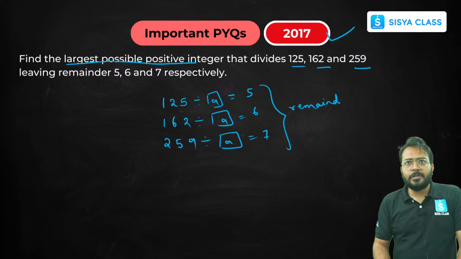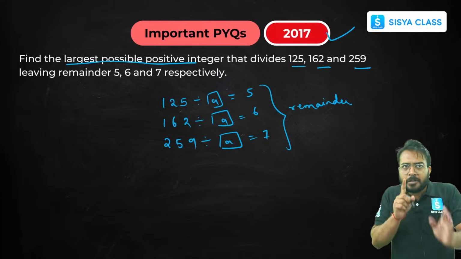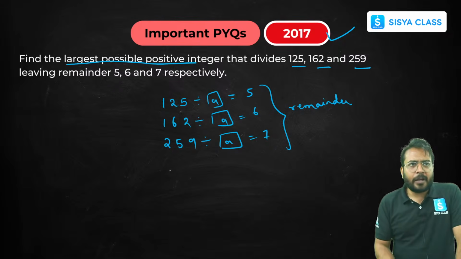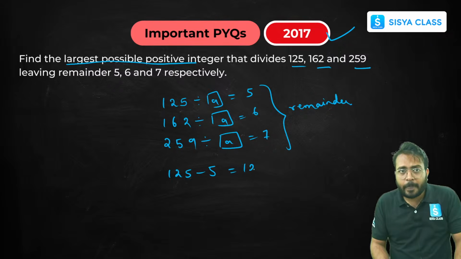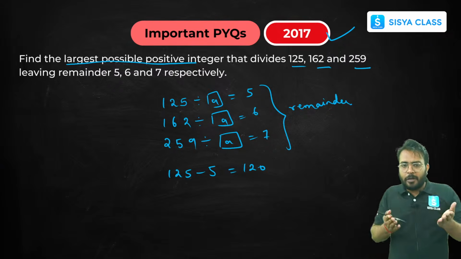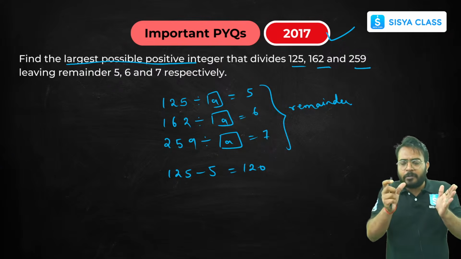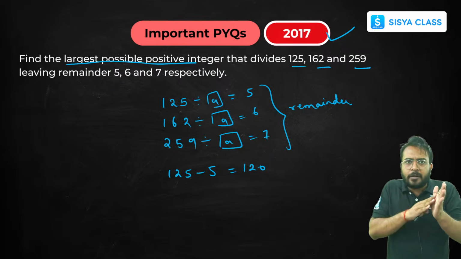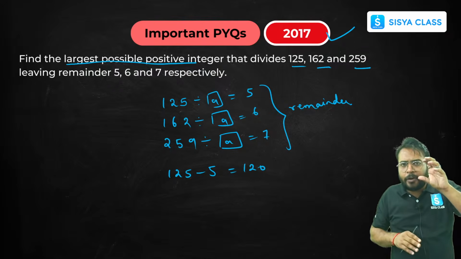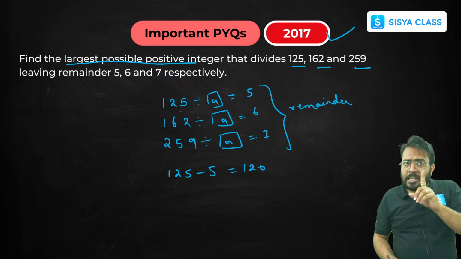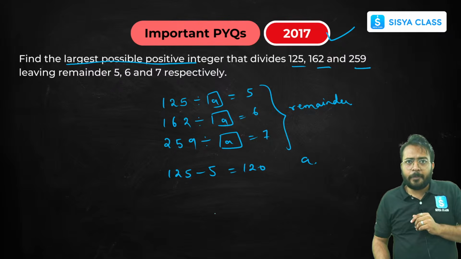That means if I subtract, 125 minus 5, it is going to be completely divisible. When I am dividing 125 with the number, I am getting 5 as a remainder. That means if I subtract the remainder, the number which I will get, 120, is going to be completely divisible by A. Okay.